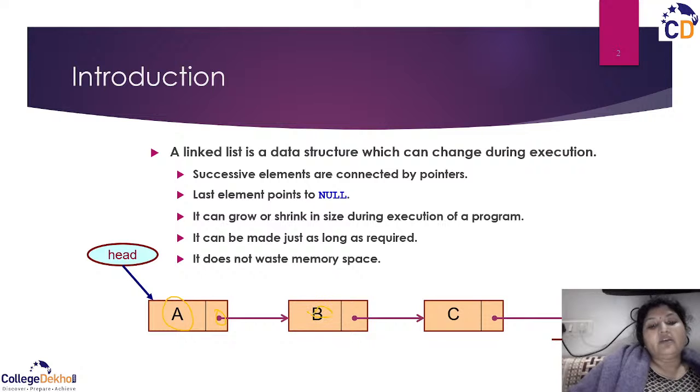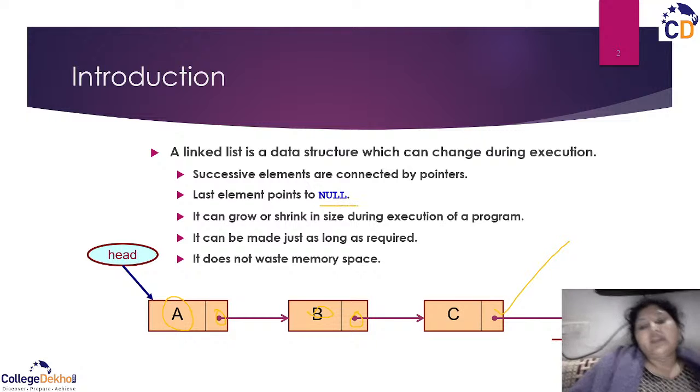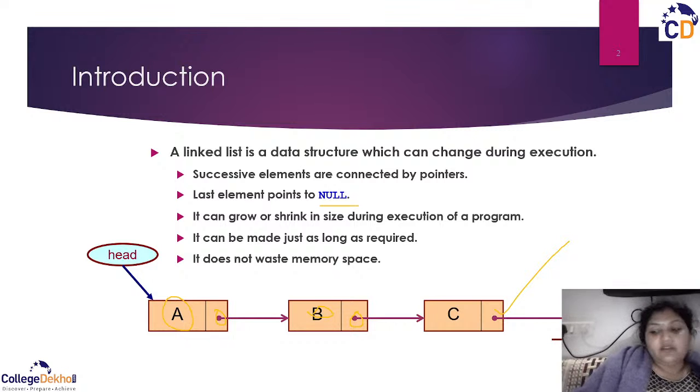The address of B is stored in the next part of element A, and the address of element C is stored in node B. This is how we proceed. And the last element of the list will have the address as null, right? So this is how we have our node structure in a linked list. Let us see.